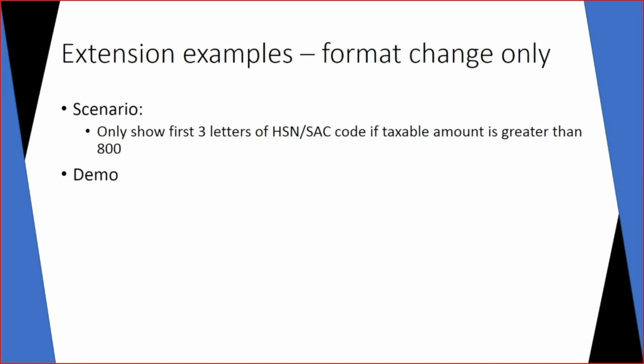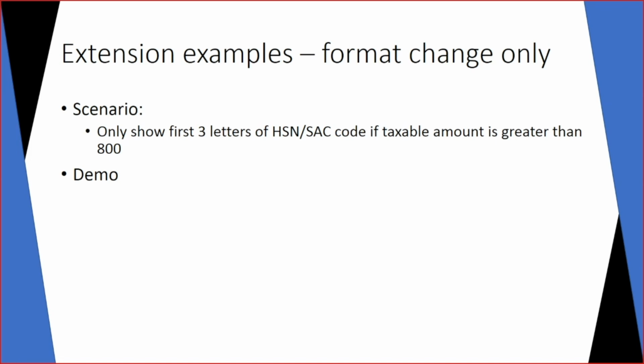So let's go to the first example. In this first example, we want to support showing only the first 3 letters of the HSN and SAC code in the GSTR report.